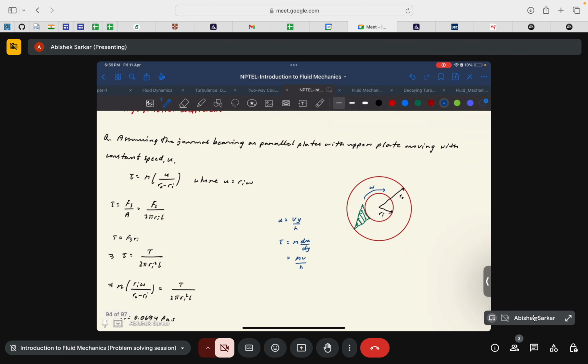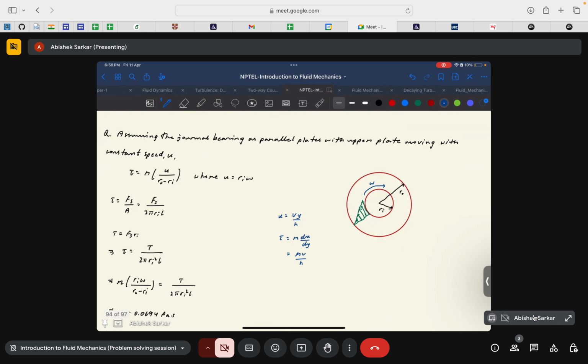We also know that the net torque T is equal to the shear force times the radius of the inner cylinder. Basically the shear force times the perpendicular displacement from the origin or the center of rotation, that is the inner cylinder radius in this case.